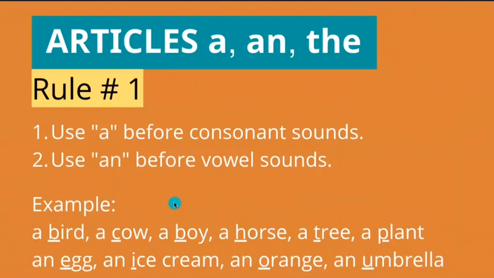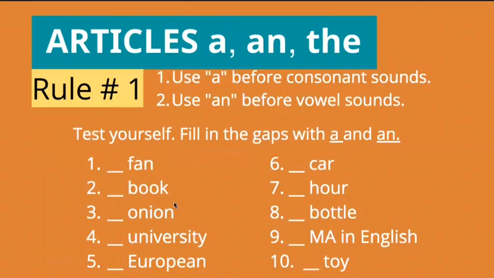So, all right, say for example here, let us try, test yourself, fill in the gaps with a and an. Okay, with the word fan, what is your answer? Okay, with the word book, what is your answer? Okay, with the word onion, what is your answer?